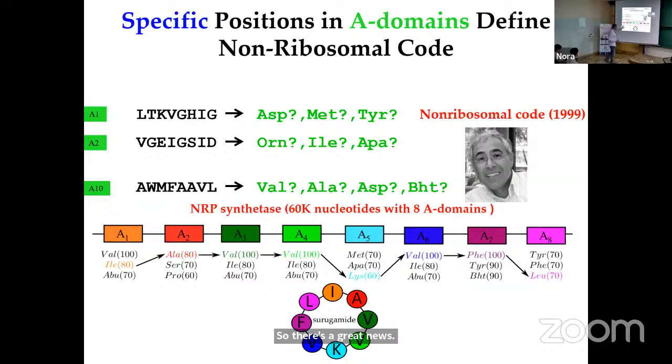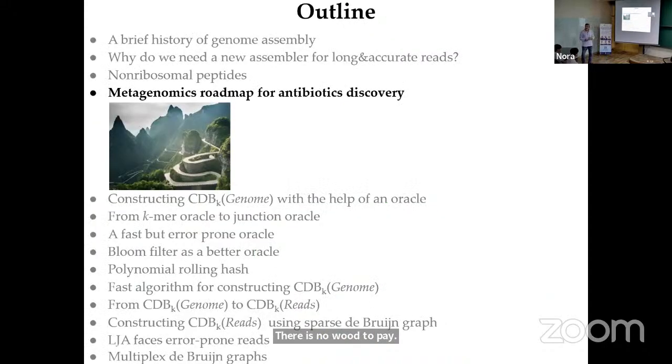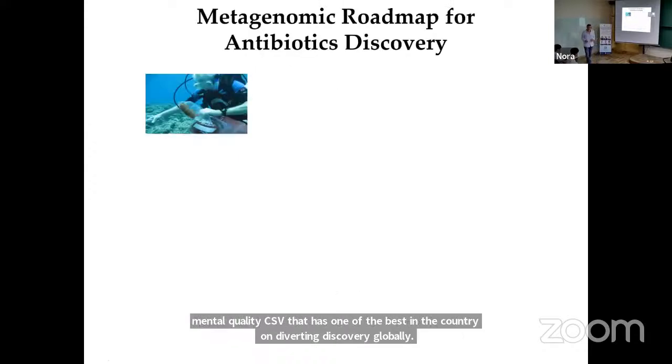But with this uncertainty, there is no good way to discover new antibiotics. And that's why we have been exploring, with our experimental colleagues at UCSD, which has one of the best antibiotic discovery groups in the country, a new way to discover antibiotics.